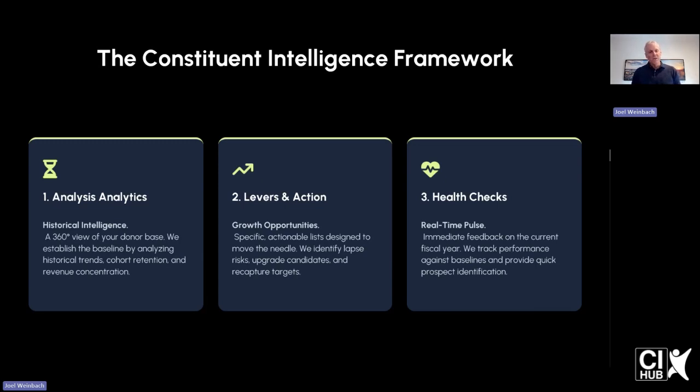Can't predict what an individual donor will do, but you can predict with a pretty high degree of accuracy what groups of donors will do en masse. So that's what we work off of. Most of these analytics are based on RFM, recency, frequency, monetary amount of donations, and we're really digging through your gift history to do all of this.